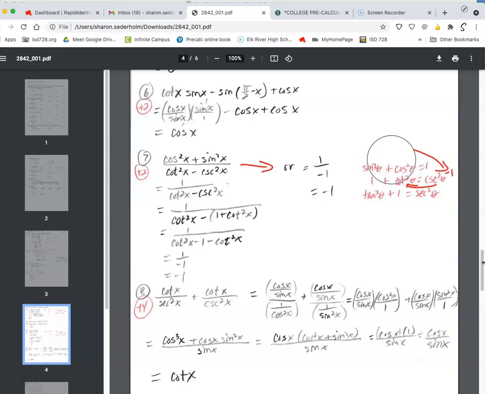So it could have been a very basic problem of 1 divided by negative 1 equals negative 1. But again, not a lot of people noticed that. People did notice the cosine squared x plus sine squared x on the top for a 1. And then in the denominator often did what I have here, which is substituting in for either the cotangent squared or the cosecant squared x, and did manage to make their way to the negative 1 as well.